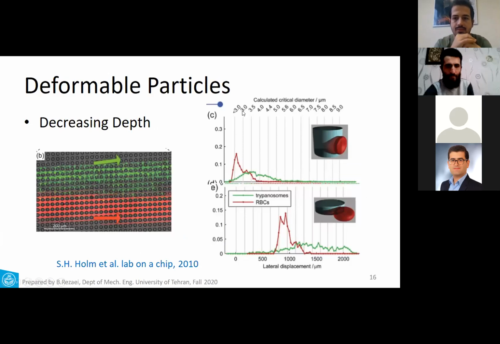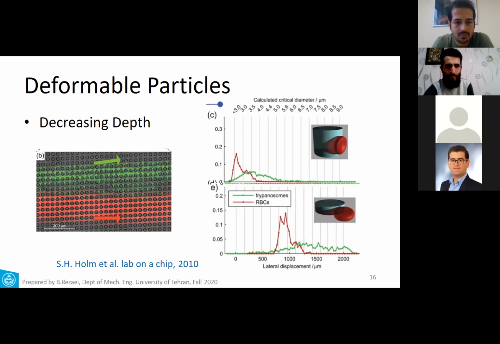Look at the right image on the upper side. When the red blood cell passes these pillars, its orientation changes, it's turned around, and its smallest dimension, 2.5 micrometers, is its effective diameter.